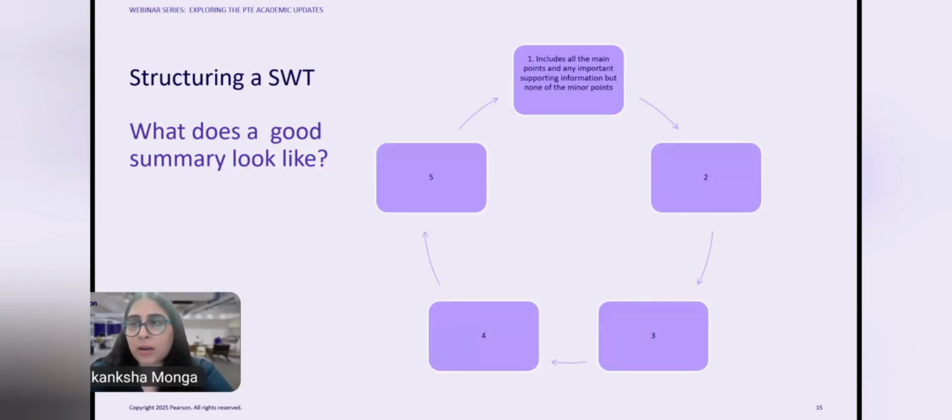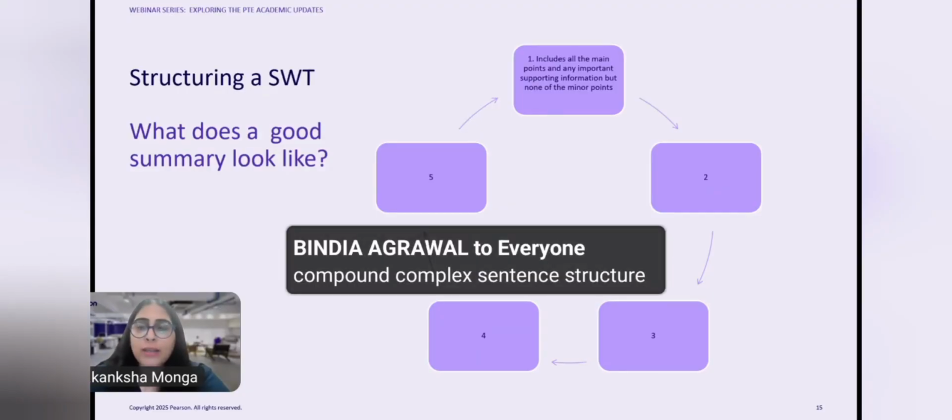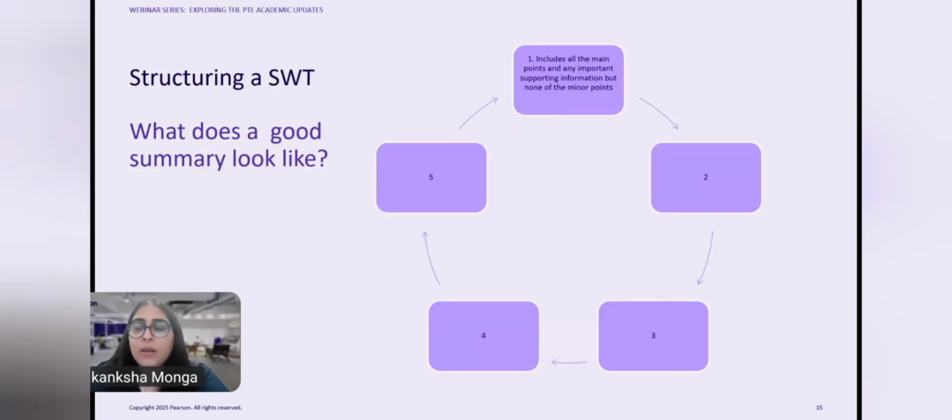I've got this structure of a good summary here, where you can see the first point has been displayed for you, which means that all the main ideas and any important other information can be included, but the minor points cannot be included in a summary because then it will become too long or irrelevant.